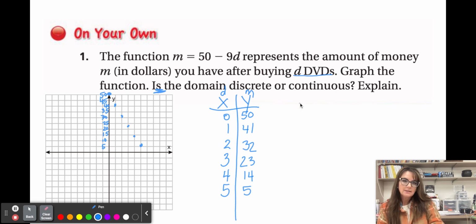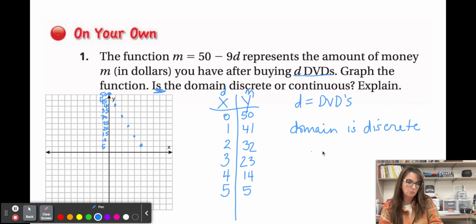So since d is equal to DVDs, and I graph it, is it discrete or continuous? Should I connect the dots? Well, the domain is discrete, and should remain as individual points because you cannot buy part of a DVD.